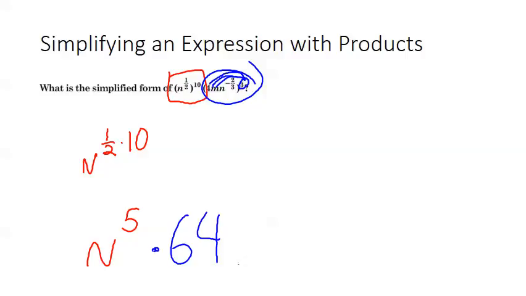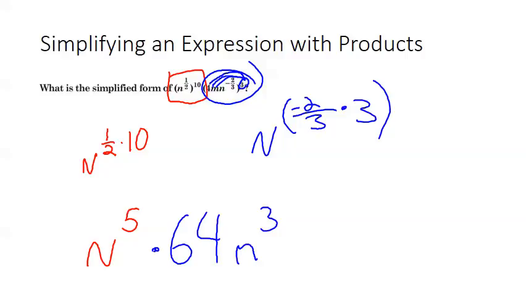M to the power of 3 is just m cubed. Now, here's the interesting one. N to the power of negative 2/3 to the power of 3. And we're going to, of course, multiply them. So what's negative 2/3 times 3? N to the power of negative 2. So we've got n to the power of 5 times 64 times m to the power of 3 times n to the power of negative 2.